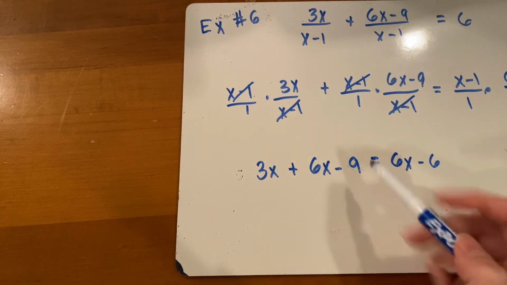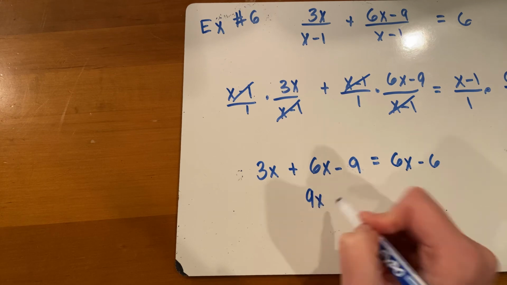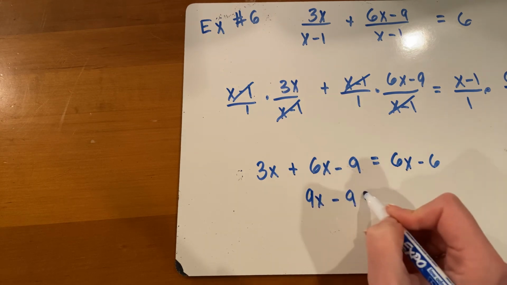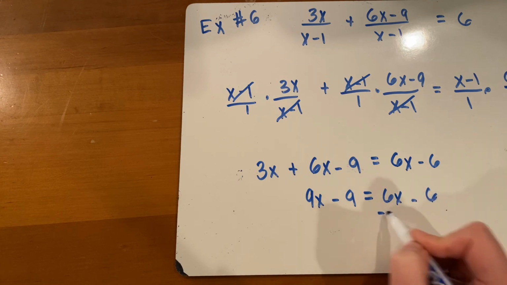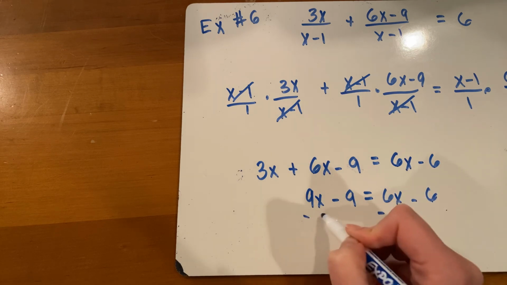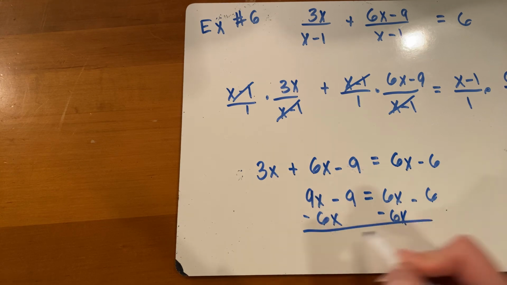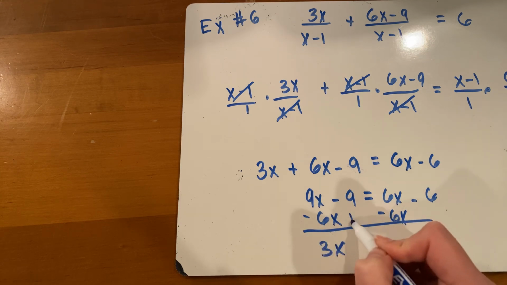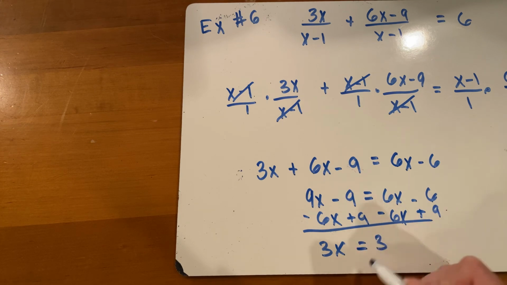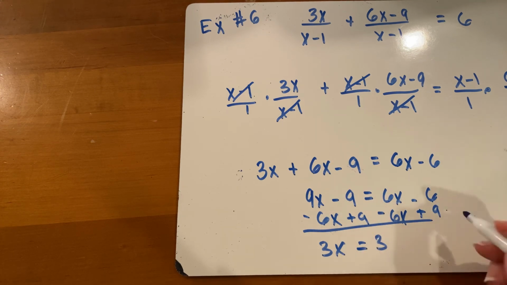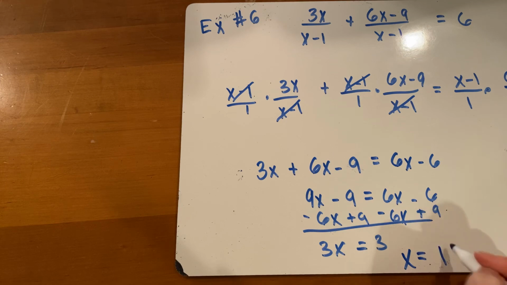I'm going to combine these, and I'm going to get 9x minus 9 is equal to 6x minus 6. Subtract 6x over. I get 3x. I'm going to add 9, and I'm going to get a positive 3. Divide 3 over, and you're going to get x equals 1.